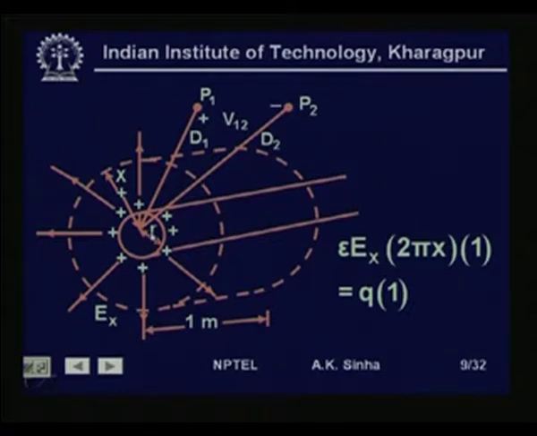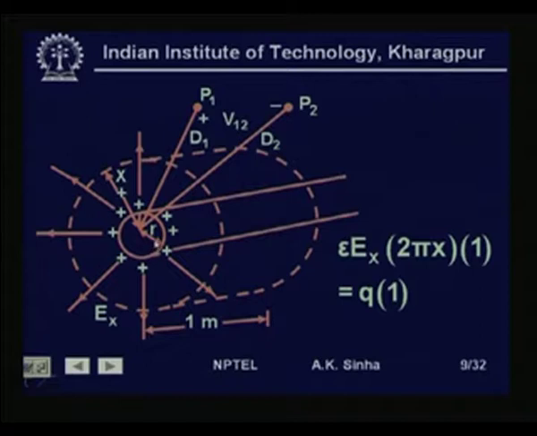Here we have assumed q to be a positive charge, it can be positive or negative, it does not matter. So, here we have assumed this conductor of radius r is having a charge of q coulombs per meter, and it is a very long conductor. Now, since this is a perfect conductor, electric field inside is going to be 0.